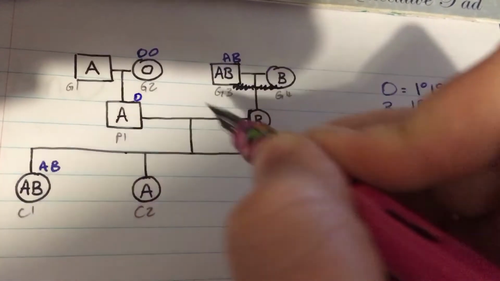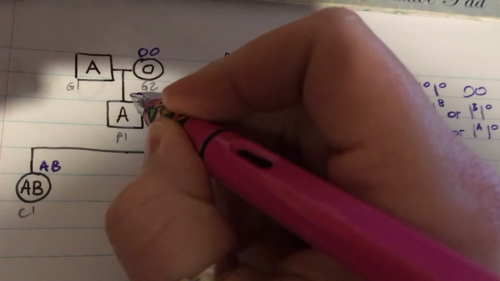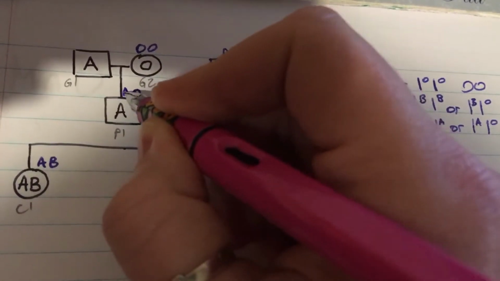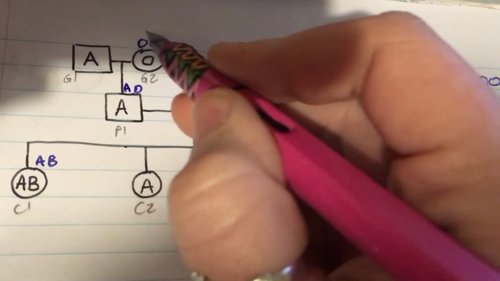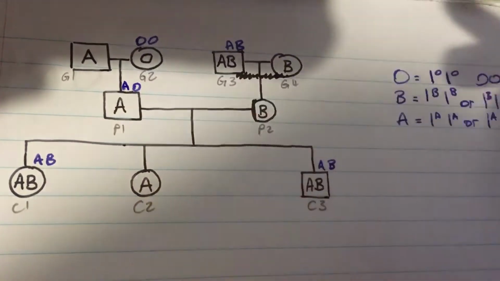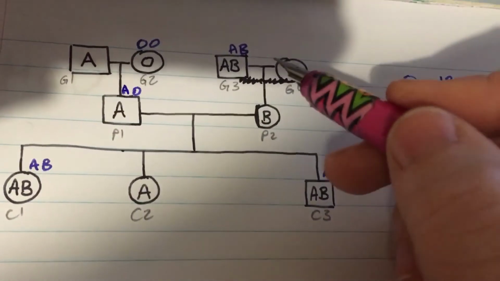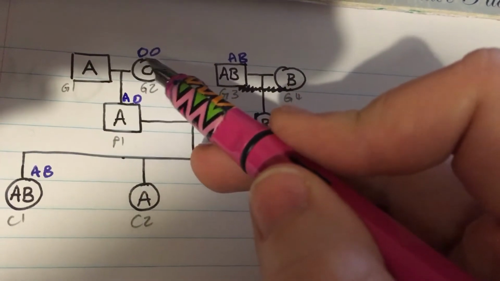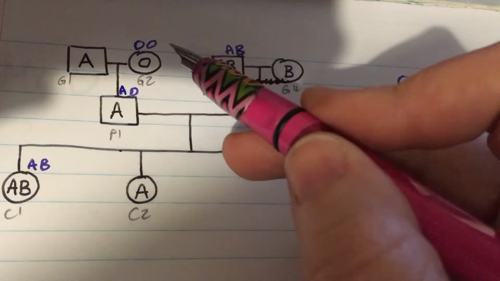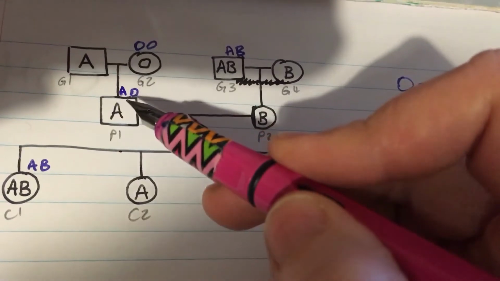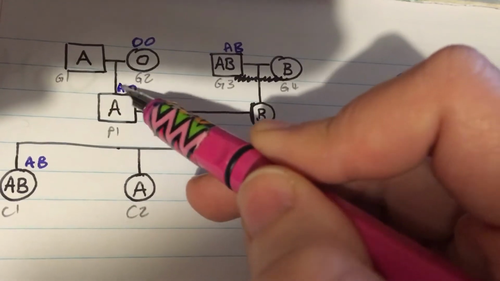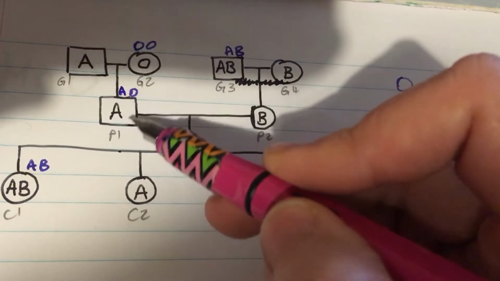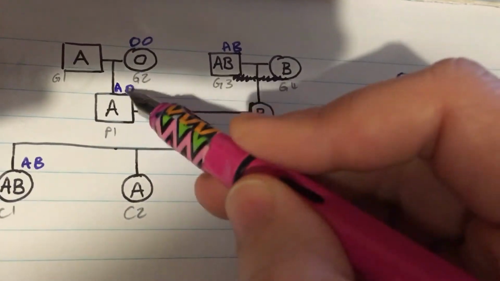This person must have an O allele. Their dominant allele would be A, but they must also have an O allele because of their mother. So if we find a parent with a recessive phenotype, then any offspring with a dominant phenotype must be heterozygotes.